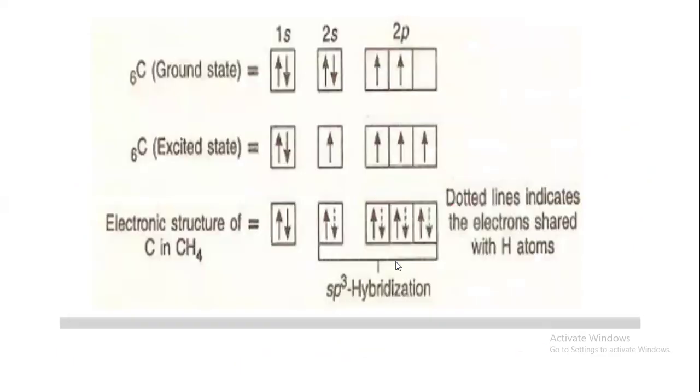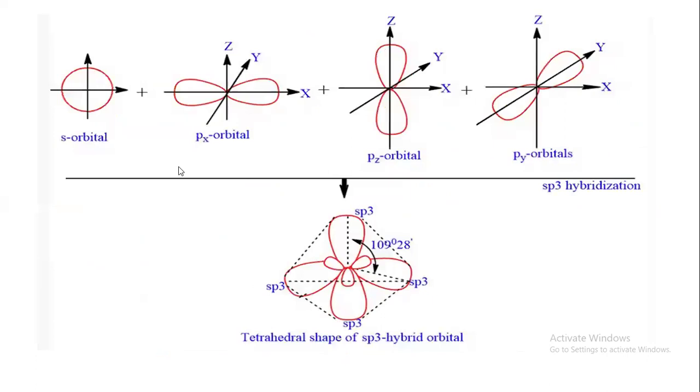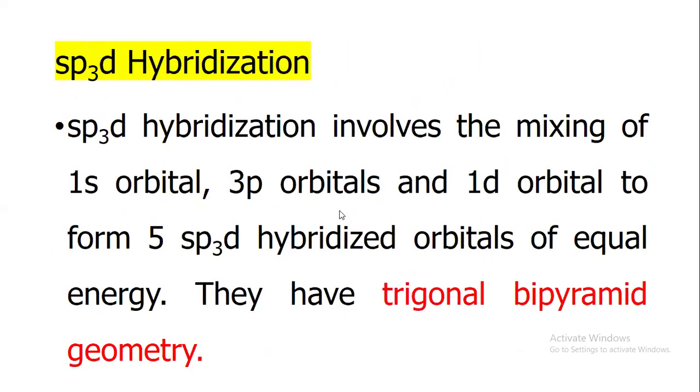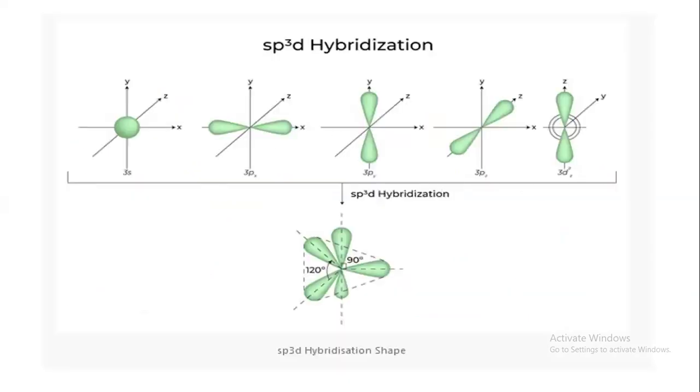For example, methane: carbon uses one s and three p orbitals and forms a tetrahedral shape of the sp3 hybrid orbitals. sp3d hybridization involves the mixing of one s orbital, three p orbitals, and one d orbital to form five sp3d hybridized orbitals of equal energy. They have trigonal bipyramidal geometry. See, this is the trigonal bipyramidal geometry.